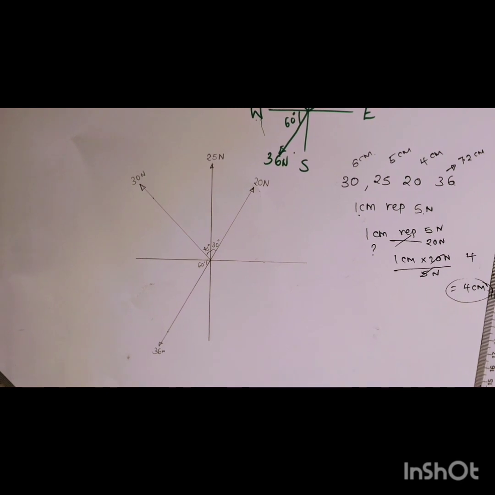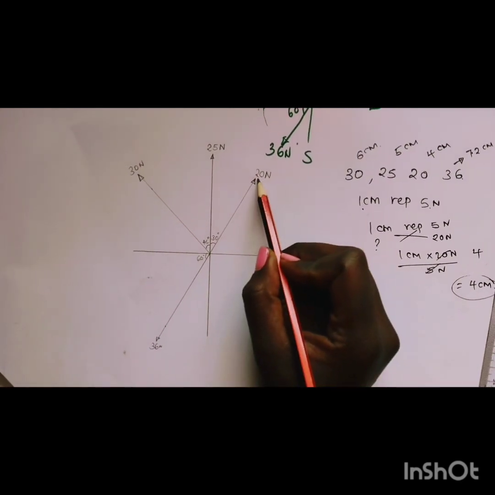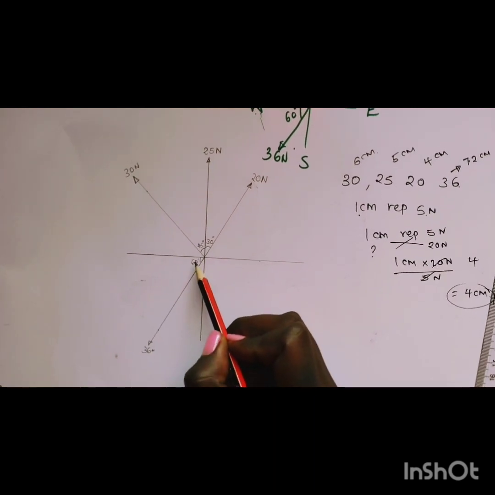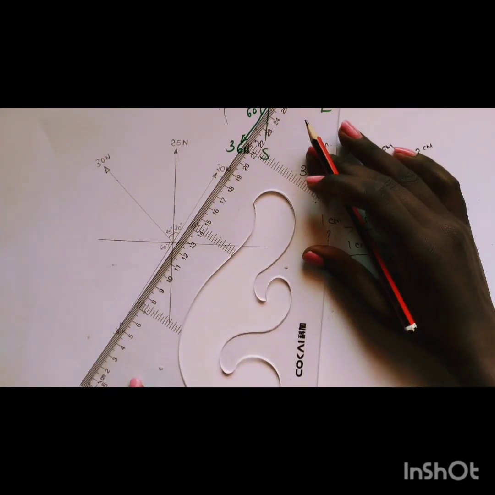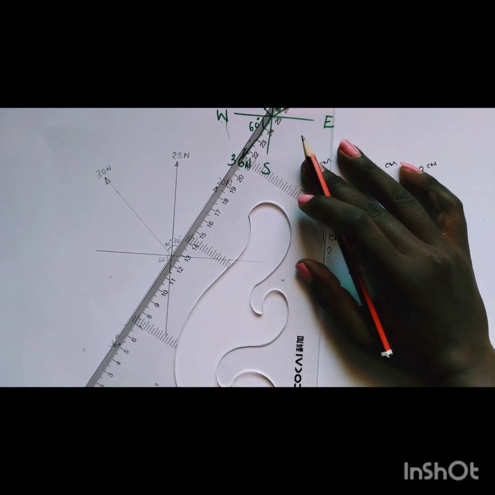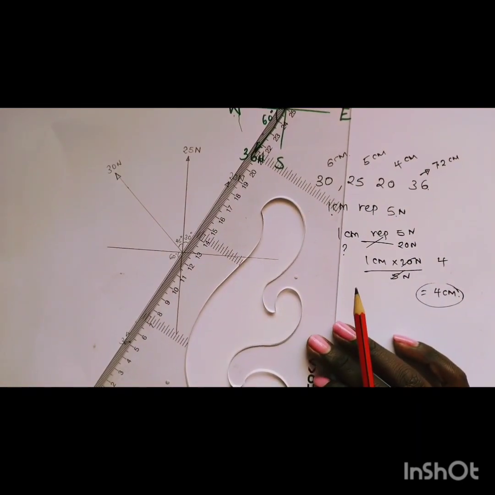Now, there is something, at least I think you have observed in our diagram. The 20 Newton force is inclined at 30, and the 36 Newton force is inclined at 60 degrees. Now, if you look at it very carefully, the two forces are in a straight line. Here, the two forces are in a straight line.